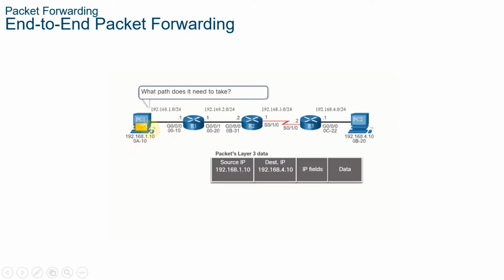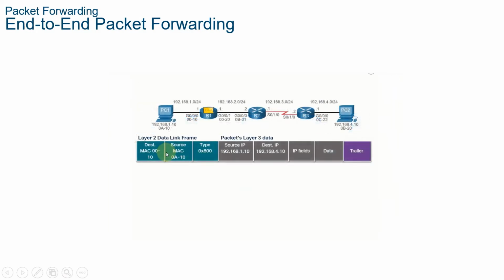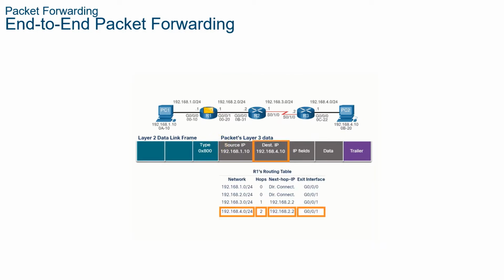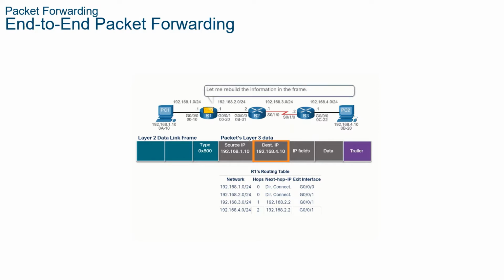Now let's take a look at what will happen when the packet reaches R1 going to R2. R1 now forwards the packet to R2. Because the exit interface is on an Ethernet network, R1 must first resolve the next hop IPv4 address to a destination MAC address using its ARP table.